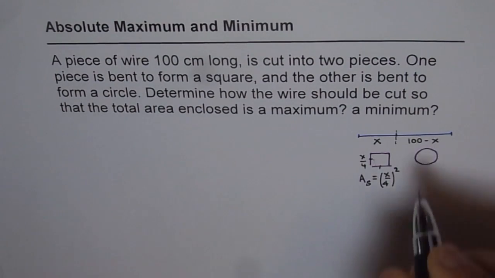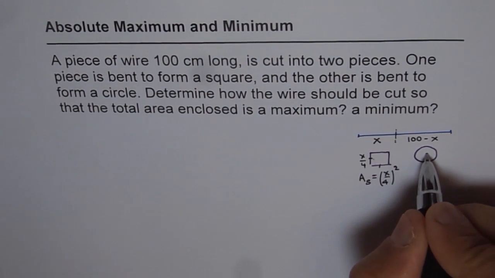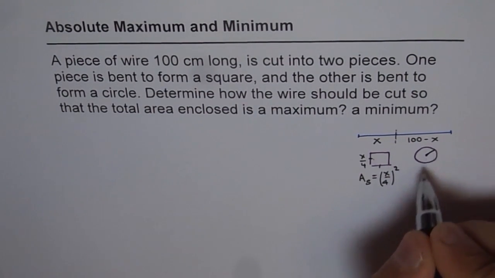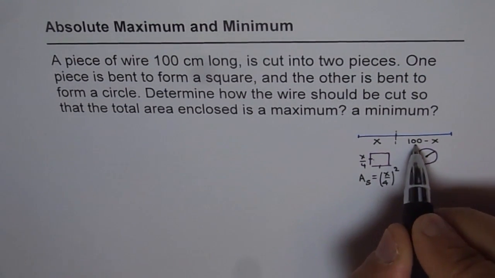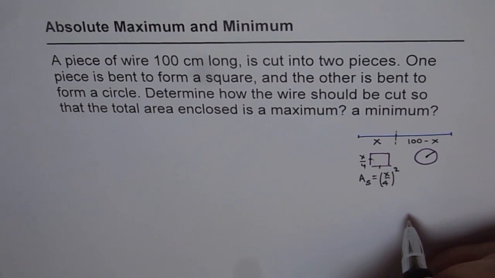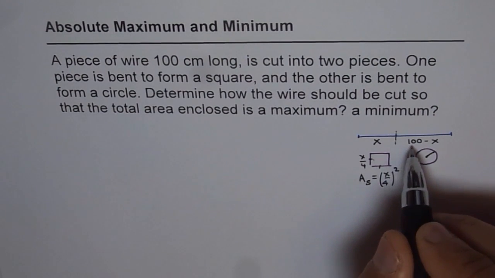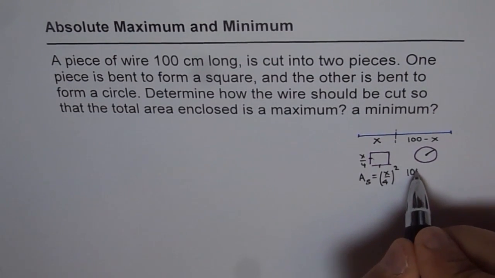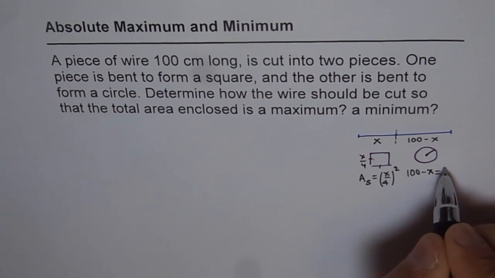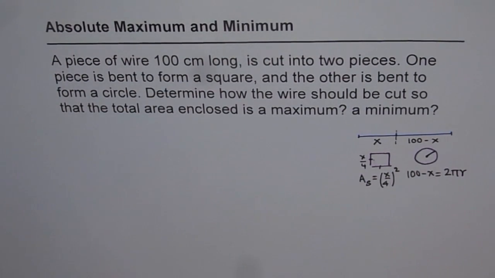Now what is the area of the circle? Area of circle is pi r square, but we don't know what is the value of r. Now we need to find the value of r. But we know the perimeter is 100 minus x, correct? So 100 minus x can help us to find the value of r. So we know here that 100 minus x is equal to 2 pi r. That is the perimeter of the circle.